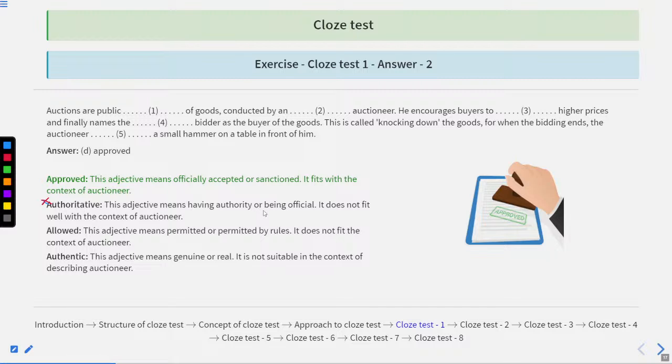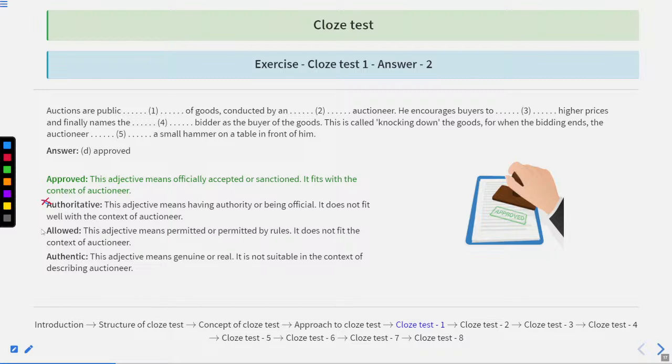It means that somebody having authority or being an official. It does not overall fit into the context of a typical auctioneer. There may be some auctioneers who may be appointed authoritatively, but approved is a better word here between the two. Allowed is something which is permitted by rules.